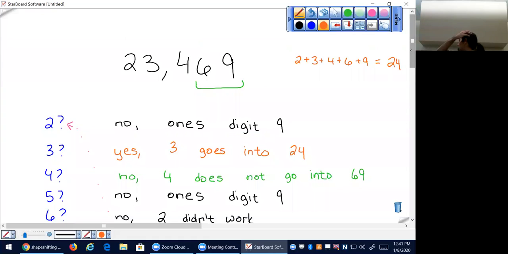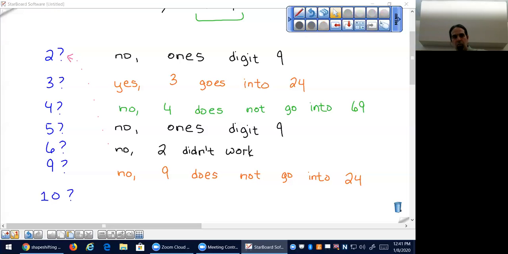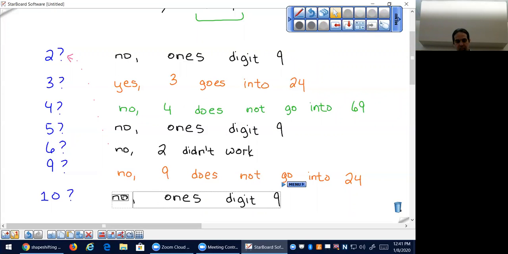Well, we look at that sum. Does 9 go into 24? No, 9 would be 27. And does 10 work? No, same thing as before. It ends in 9. So if this was part of a fraction, I might want to start by dividing it by 3 to simplify it, because 3 seemed to be a good one.